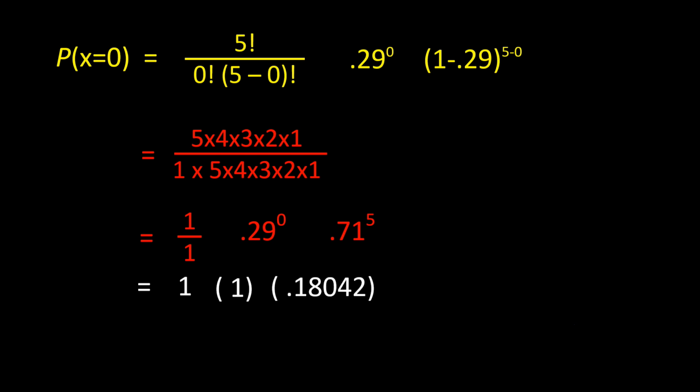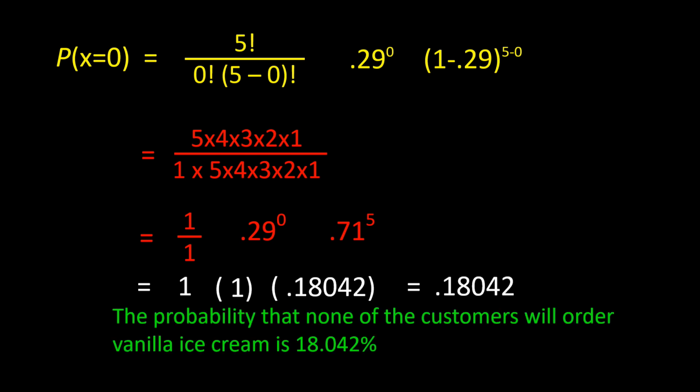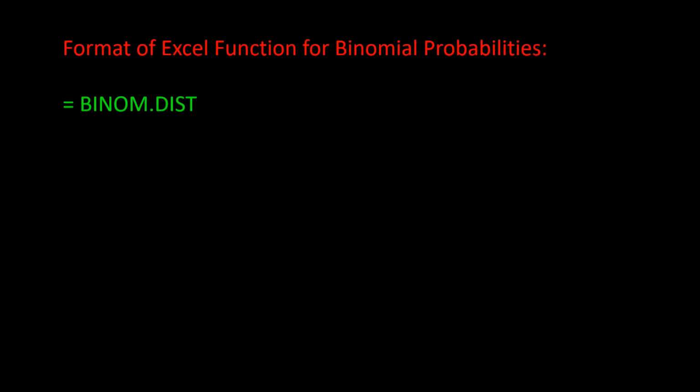So the answer is 1 times 0.18042. So of course the answer is 0.18042. That is, the probability that none of the customers will order vanilla ice cream is 18.042%. To do this in Excel, we will use the equal BINOM.DIST function.